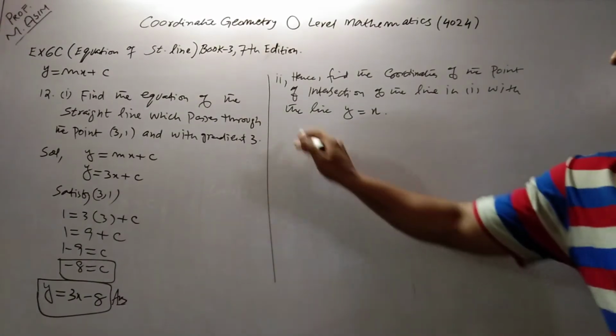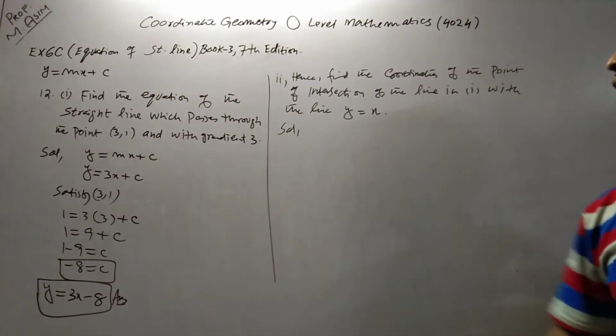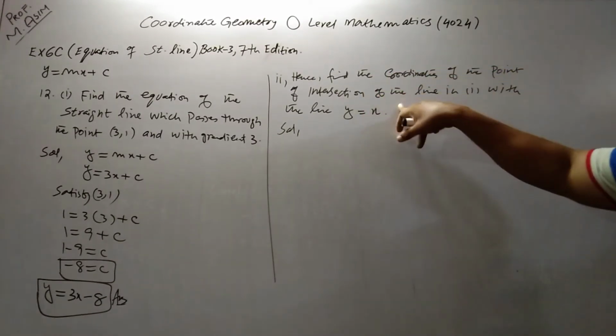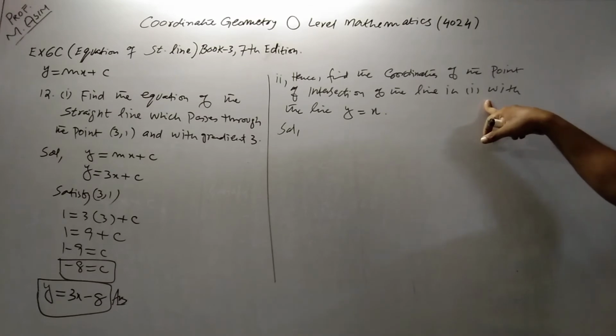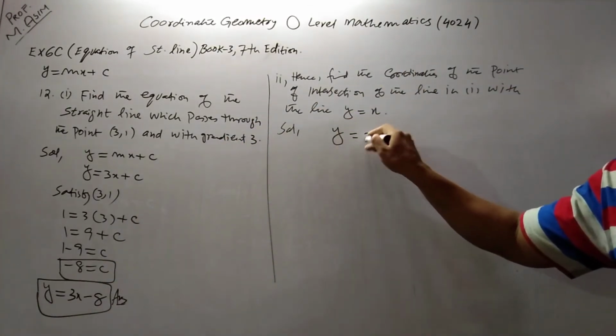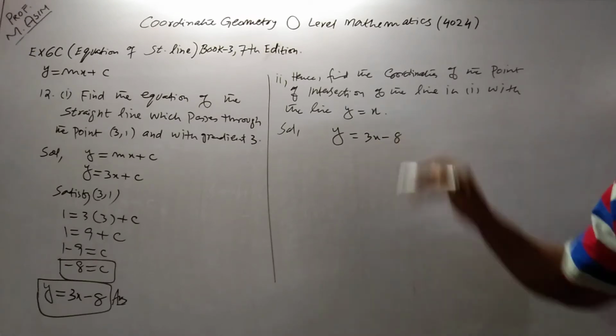This is again a very easy part. What is our line in part 1? It is y = 3x - 8.